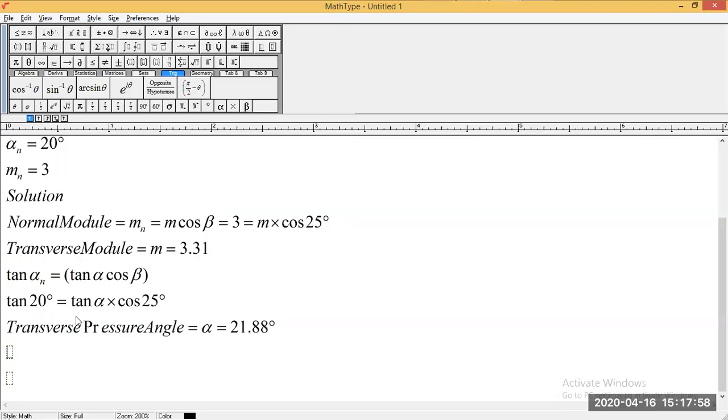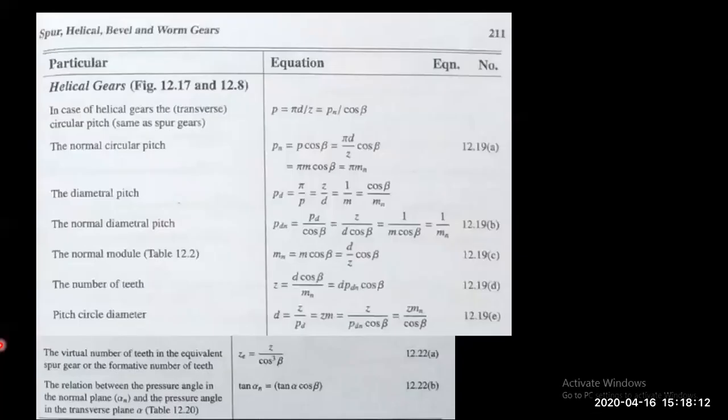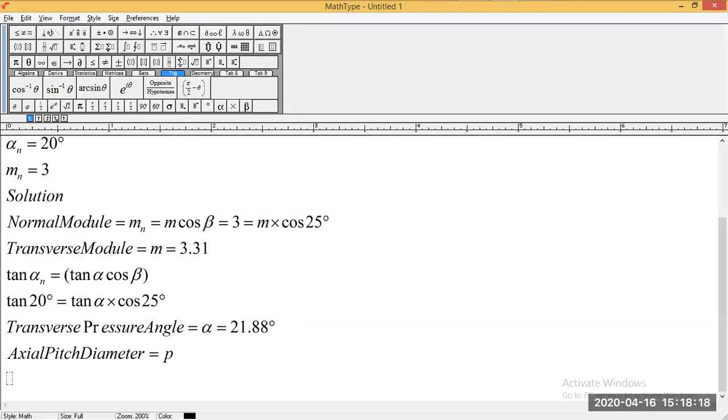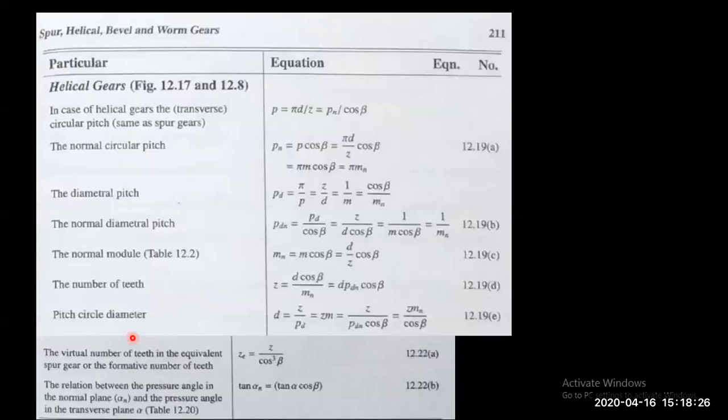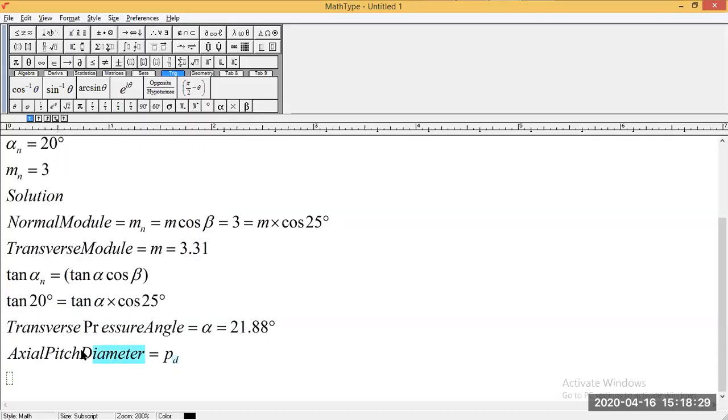So PD, this is for axial pitch, diametral pitch, P subscript D. You can write it as just 1 over m.